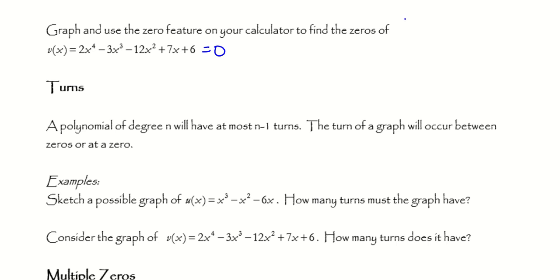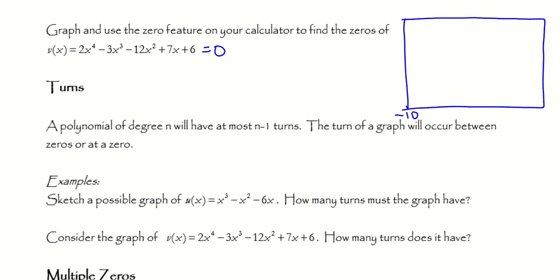So when I graph this, what I see in my standard window, this is going from -10 to 10, both in the x and in the y direction, which leaves my axes centered. Then what I see in my graph is something that looks like this.